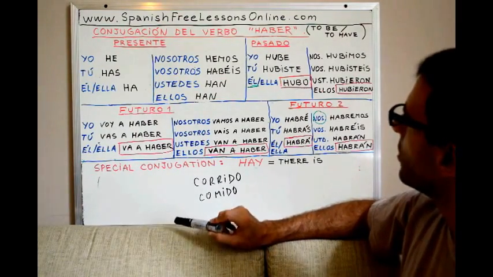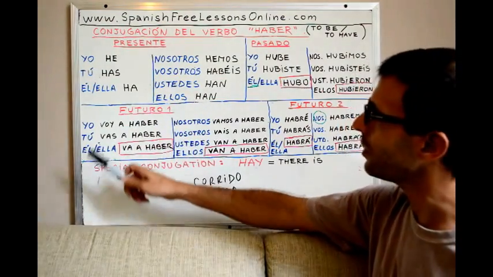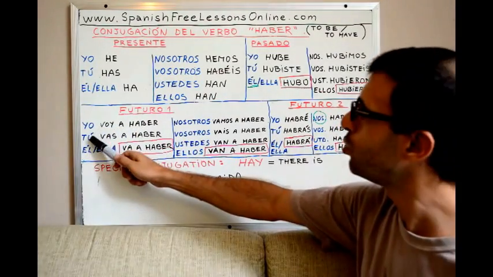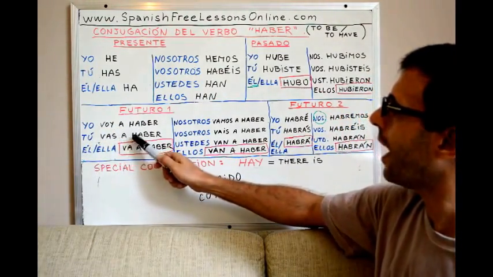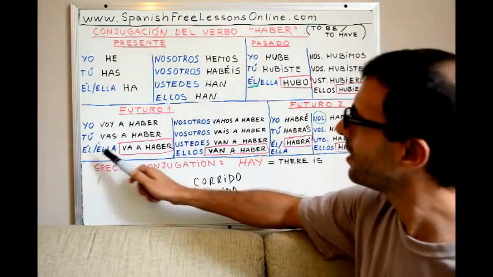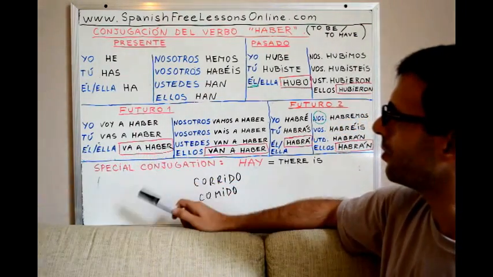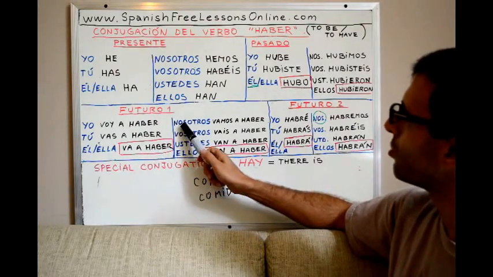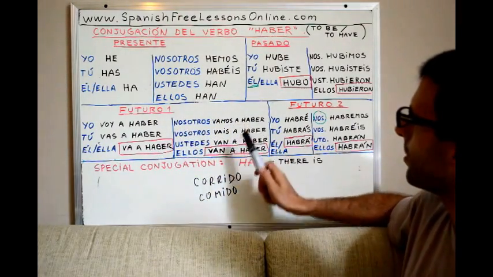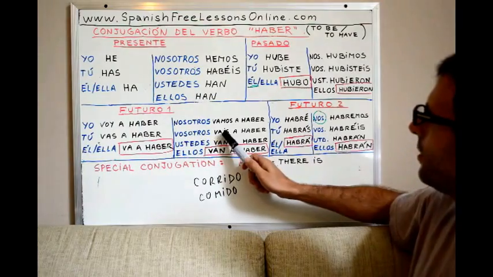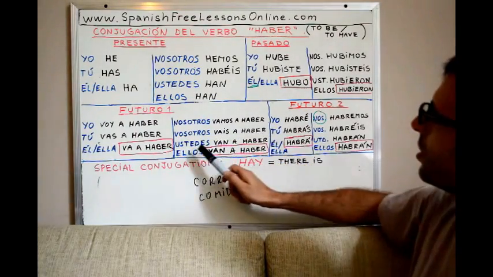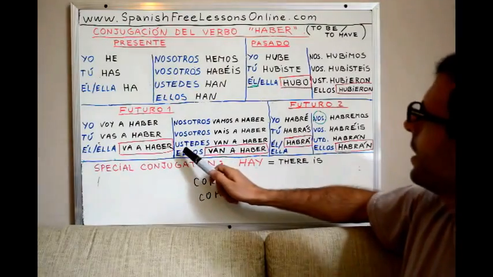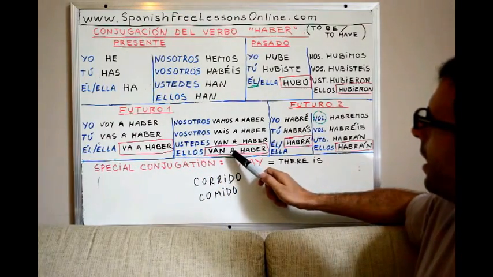So, let's go to the future. Yo voy a haber. Tú vas a haber. Él va a haber. Or ella va a haber. Nosotros vamos a haber. Vosotros vais a haber. Ustedes van a haber. Ellos van a haber.